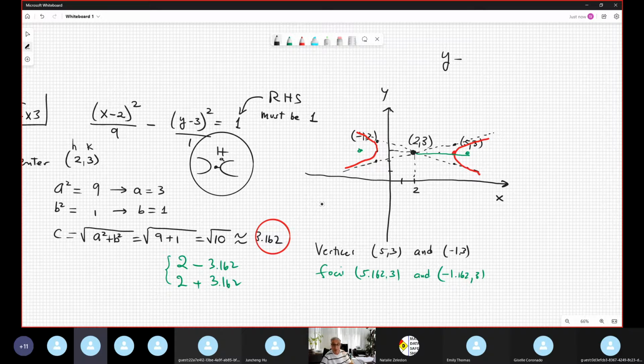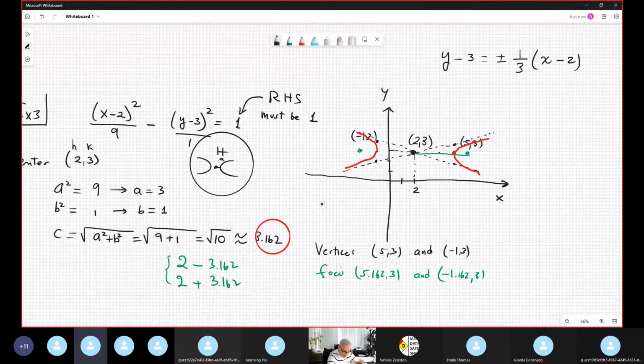I made a mistake on paper. y minus 3, at that point, is equal to plus or minus b over a, but b is 1, so 1 over 3 is the slope. You see, it's not too much inclination of the slope. Times x minus h.